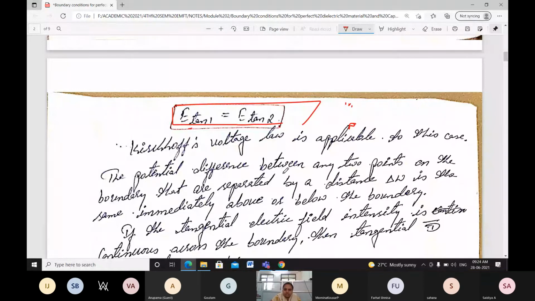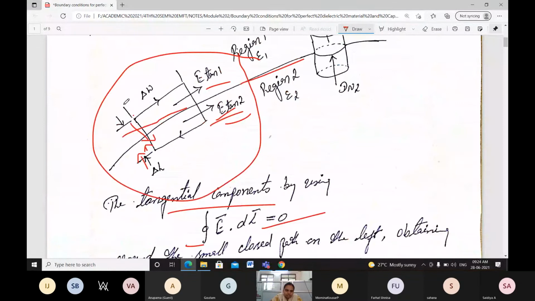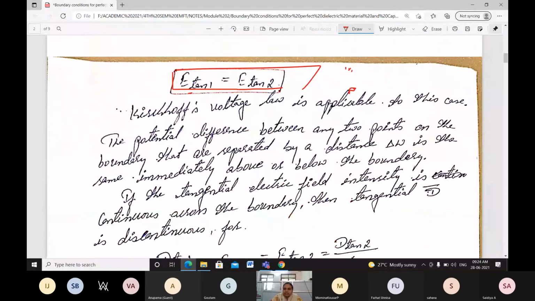Then the potential difference between any two points on the boundary, separated here in a horizontal fashion by a distance delta w, is the same immediately above or below the boundary.